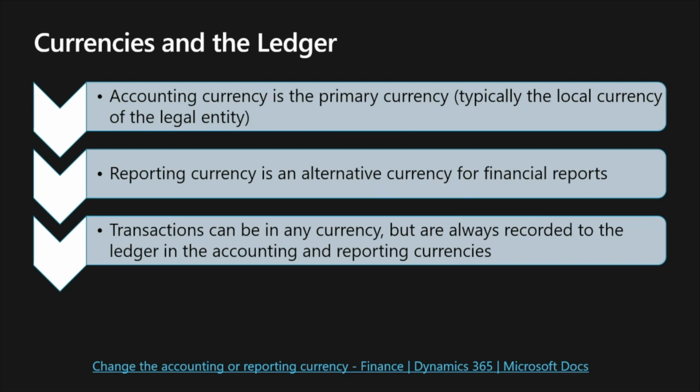Previously, the transaction currency would be converted to the accounting currency, and the accounting currency would be converted to the reporting currency. And currently, it goes straight from transaction currency to reporting currency with one conversion. So it is truly exactly the same pattern as the accounting currency.